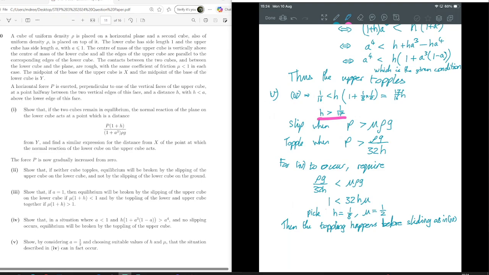feels very weak. Only being bigger than 1 over 17 seems really weak, considering the fact that we've got a cube that's half the size. We need that to be really, really low down, which kind of does make mechanical sense.